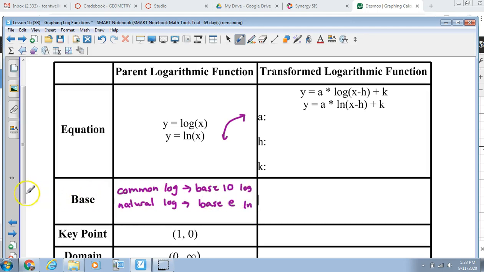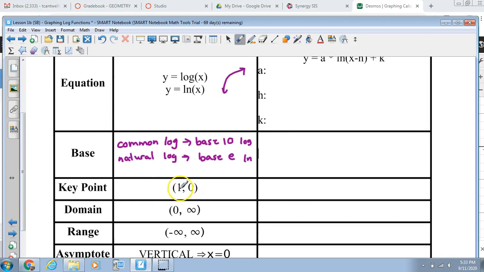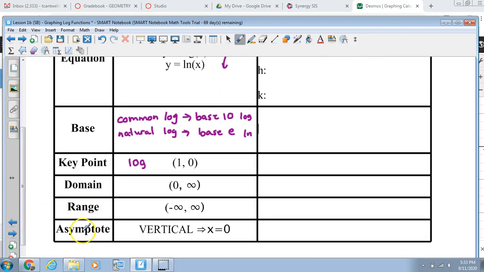Okay, the key point for our basic logarithmic function is (1, 0). Now obviously that is very similar to (0, 1) that we had for our exponential functions, but if it helps, you can think about 1, 0, it looks like the L, the O, in the word log. For the logarithmic functions, we have an asymptote that's a vertical line, and a vertical line has an equation x equals.